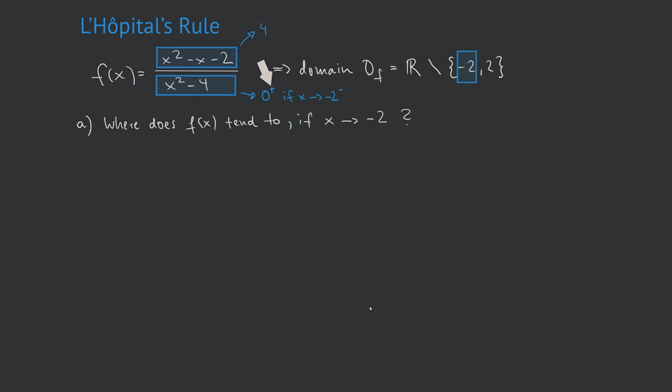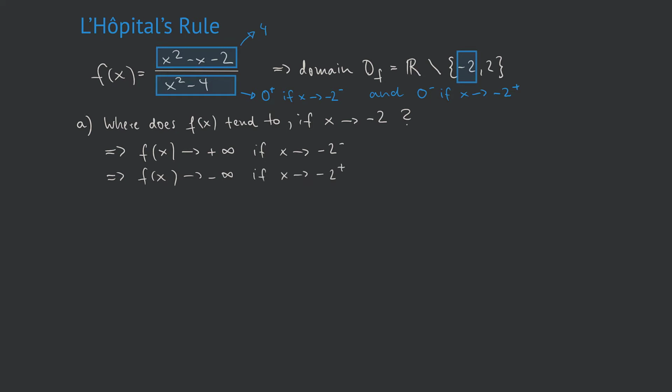If, on the other hand, x tends to negative 2 from the right-hand side, that means from above, the expression x squared is smaller than 4, which is why x squared minus 4 is smaller than 0. Therefore, the denominator approaches 0 from below. Putting everything together, we have found that f of x tends to positive infinity if x tends to negative 2 from below, and that f of x tends to negative infinity if x tends to negative 2 from above.